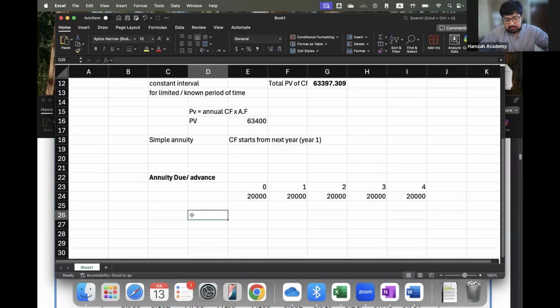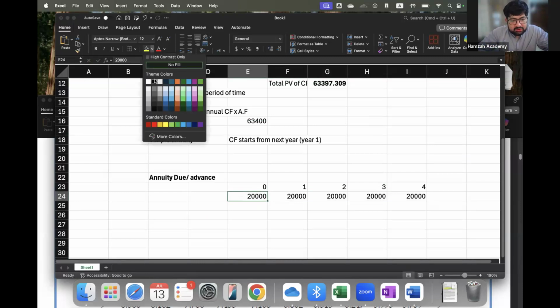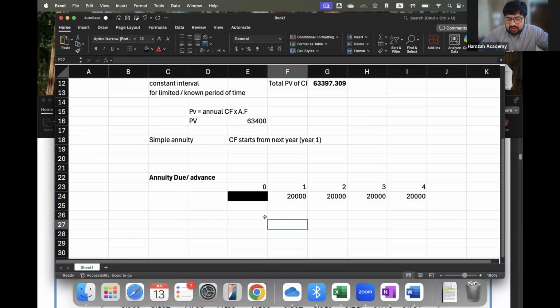So just see here. For example, if we ignore this, what is it? Simple annuity. So the present value formula is the same formula for it.